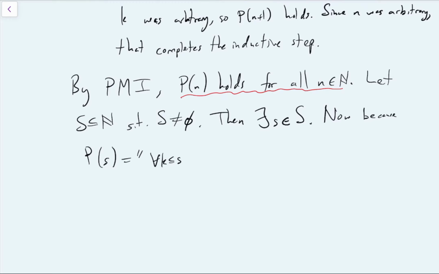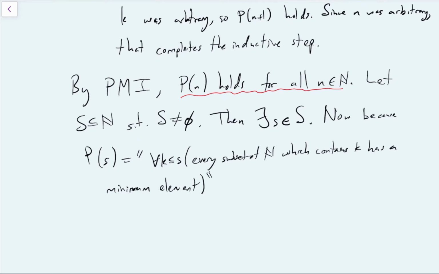For all k less than or equal to s, every subset of n which contains k has a minimum element. That's what P of s says. Now because this holds, we conclude immediately that S has a minimum element.